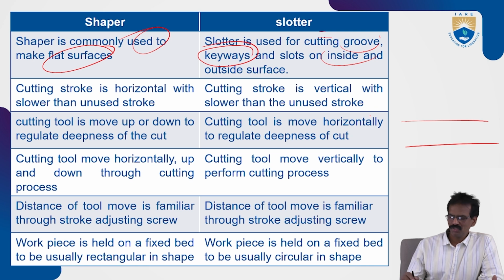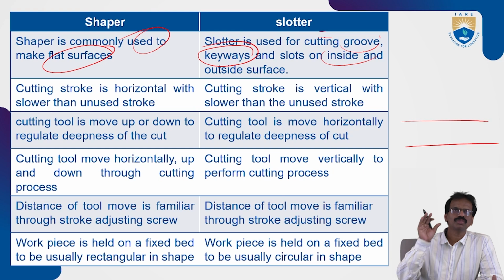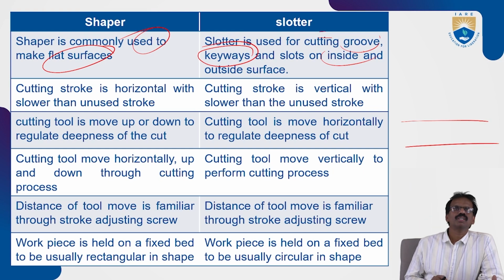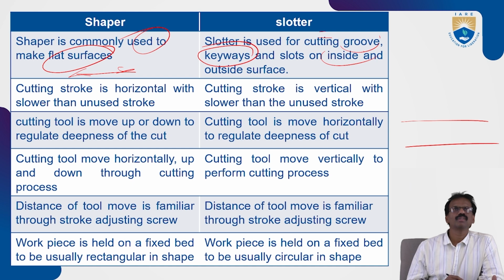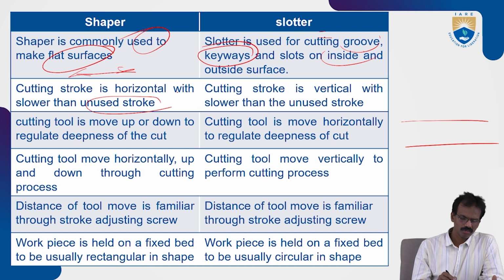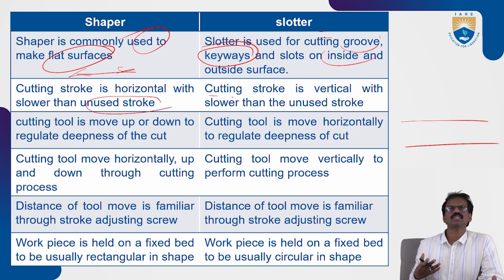Shaping machine just gives flat surfaces, flat surfacing or flat grooves also. Okay. So the cutting stroke is horizontal. Here the cutting stroke means the ram movement is horizontal, slower than the return stroke. Okay, so the cutting stroke is slow and the reverse stroke is fast.